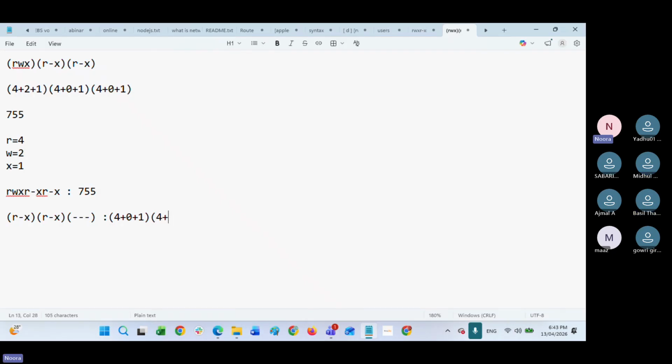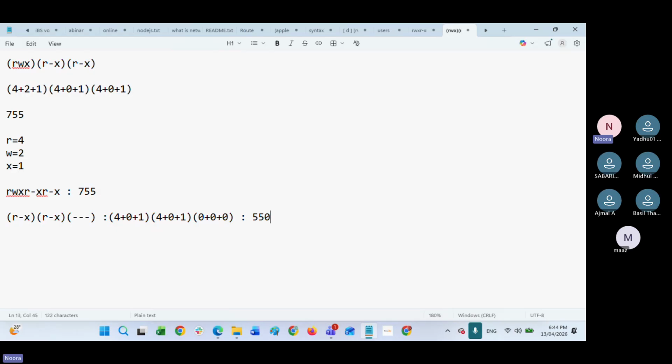Then 0 plus 0 plus 0. Now the values are 550. Can you see that? So can you convert an expression into octal numbers, everybody? Sure. Try doing that.